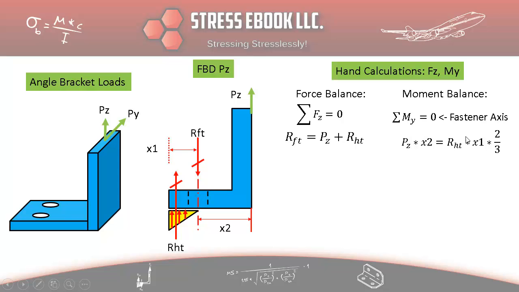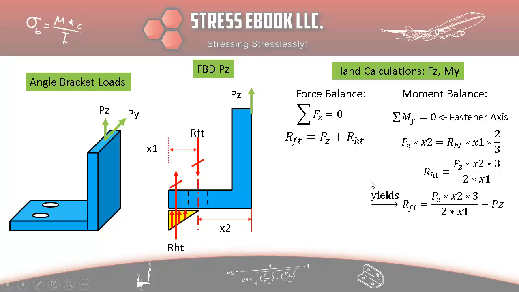So that's what we have over here. When we substitute and rearrange this equation to put RHT, the R heel toe, on the left hand side, we get this equation: PZ times x2 times 3 divided by 2 times x1.